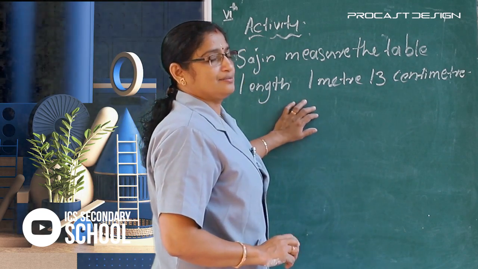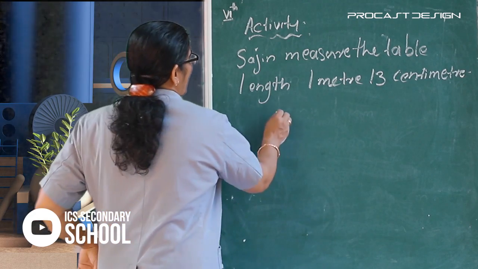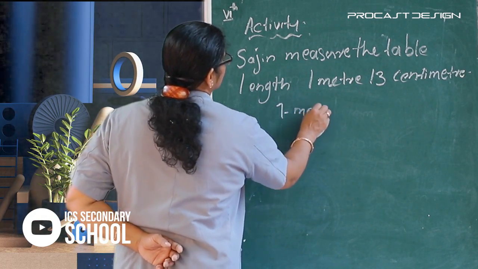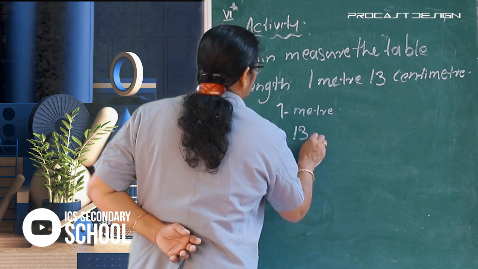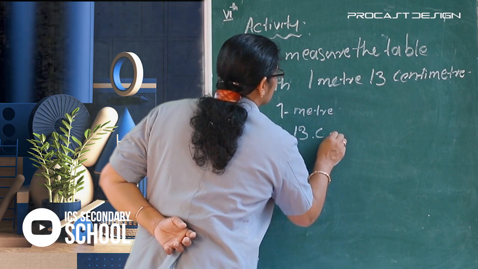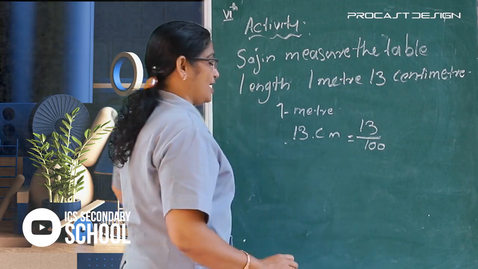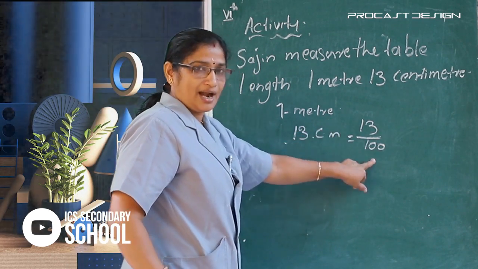Again, convert to decimal and fractional forms. 1 meter and 13 centimeter. 13 centimeter is 13 by 100.